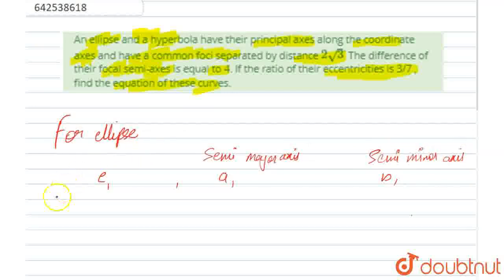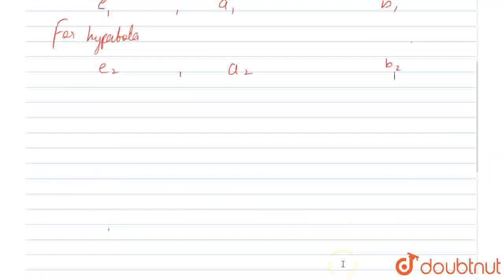For the hyperbola, E2 is the eccentricity, A2 is the semi-major axis and B2 is the semi-minor axis.